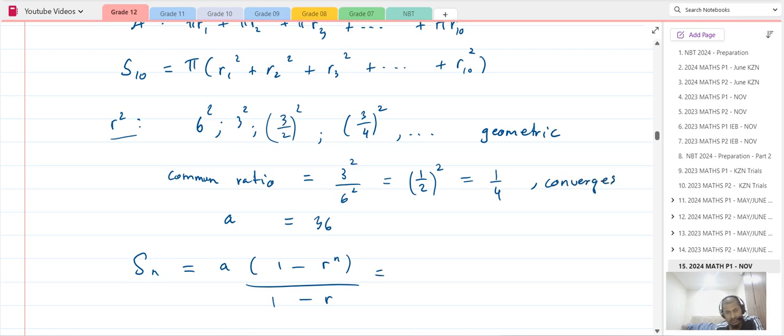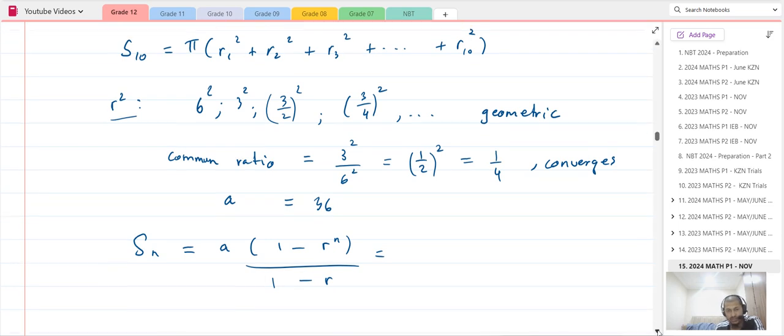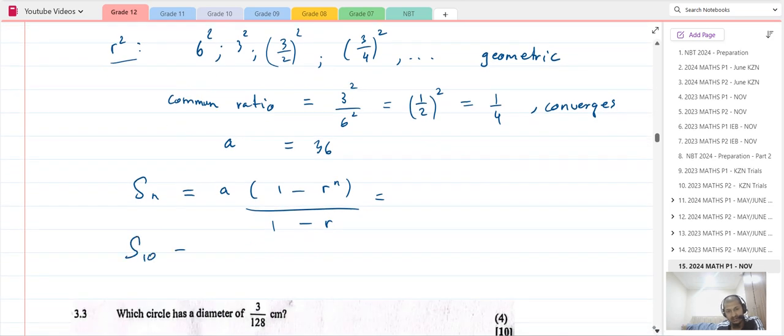Now remember to multiply by pi. So what we're going to do now is calculate S10. Don't forget to multiply the whole answer by pi.